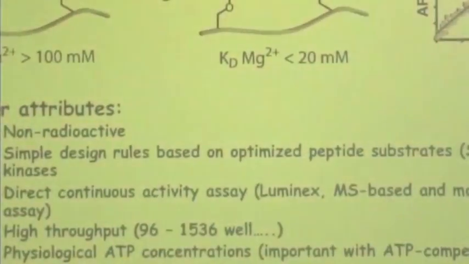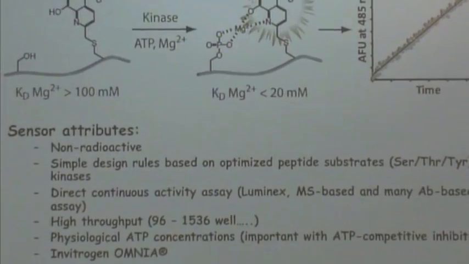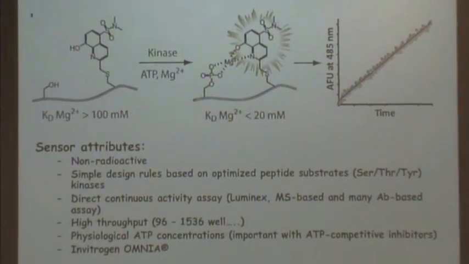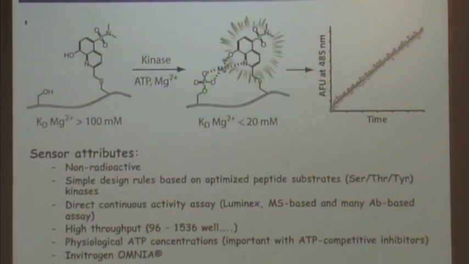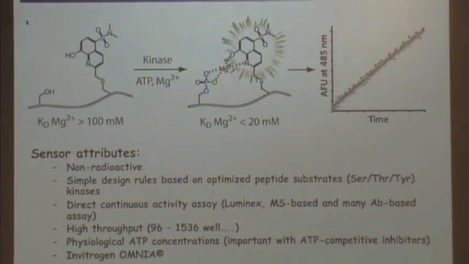So the sensor attributes that I'll present concern fluorescence-based sensors that are non-radioactive and can be adapted with very simple design rules to all the common types of protein kinases, and they provide direct, continuous activity assays, in contrast to a lot of the current approaches, things like Luminex, mass spec, or other antibody-based approaches, which really often look at surrogates for activity, are commonly discontinuous, and are deeply reliant upon the availability of high-quality antibodies.